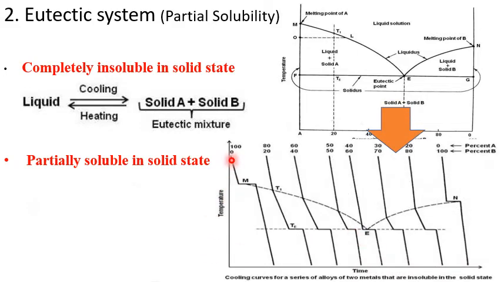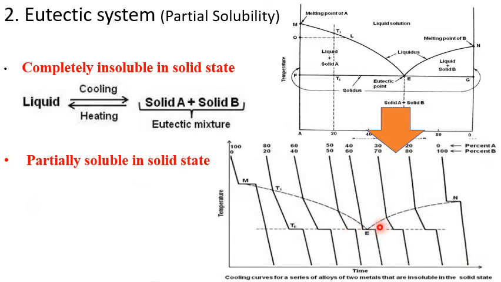Taking 100% A on the left side, this is the cooling curve for A and this is the cooling curve for B. As the composition of A and B keeps changing, the temperature at which solidification starts and ends will differ, and we get a slope. Exactly at the eutectic composition, we get a constant fusion line.